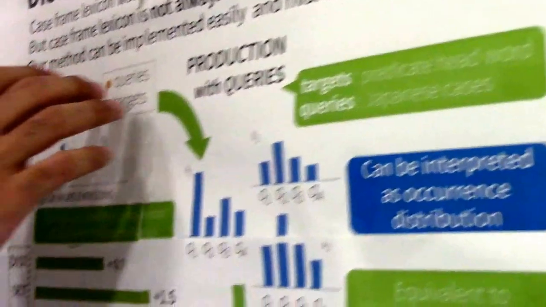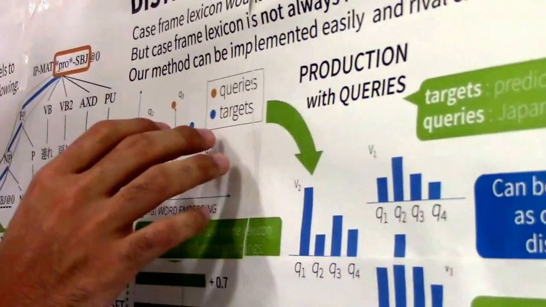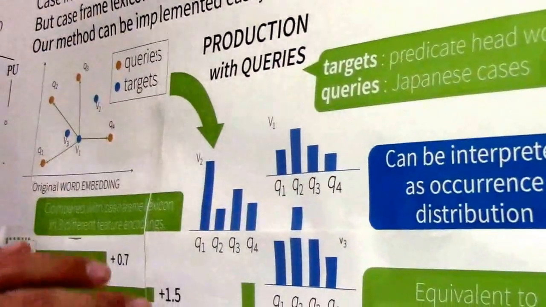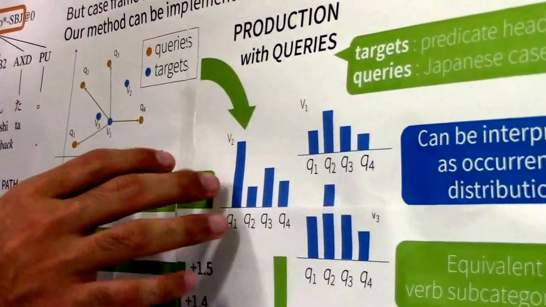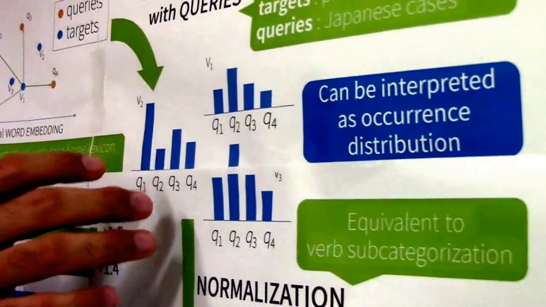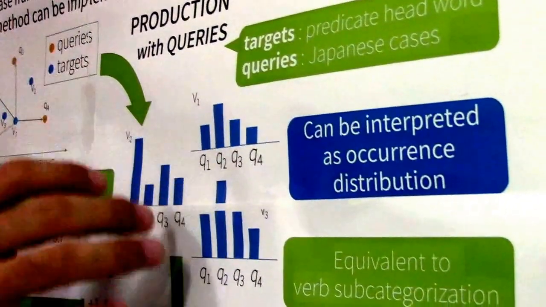So we take the product of queries and targets with the queries. So we can get these distributions. They can be interpreted as a co-occurrence distribution.